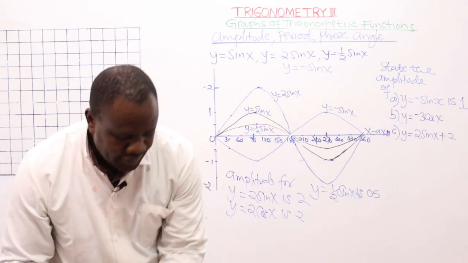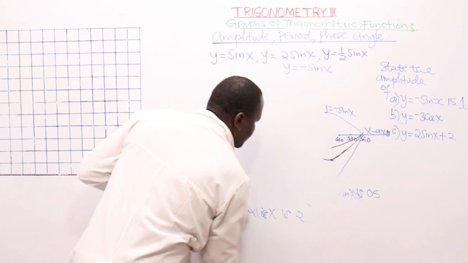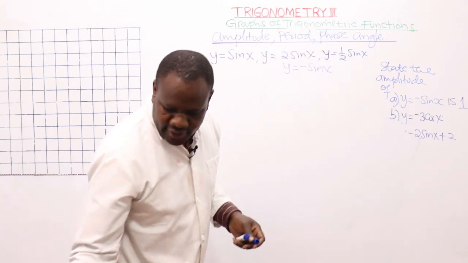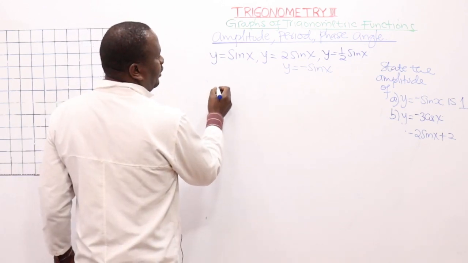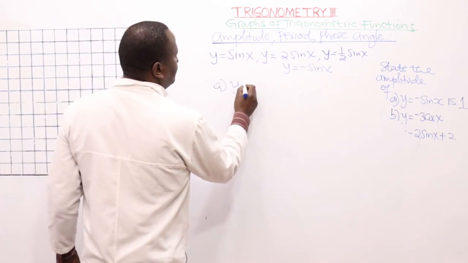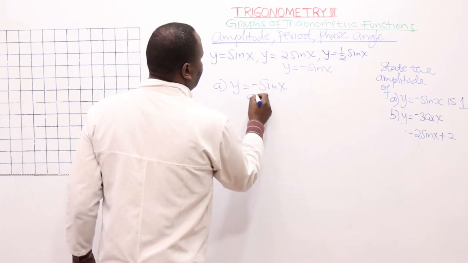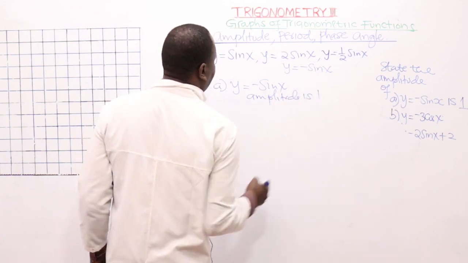Therefore, if I may wrap this up and try to answer a few simple questions. What is the amplitude for A, y is equals to negative sine x? The amplitude is 1.